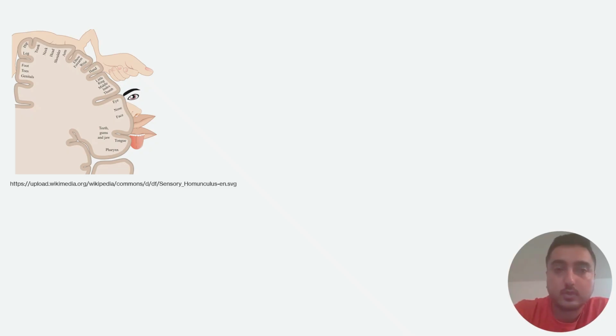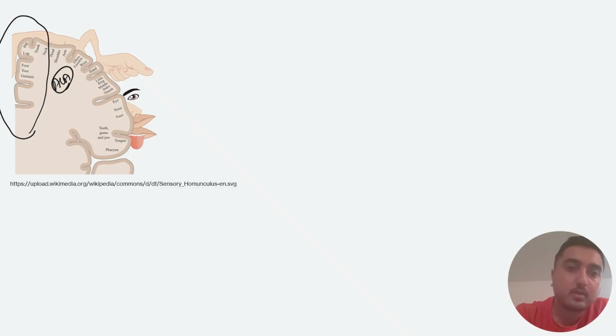So I've just put one photo over here. This part is supplied by the anterior cerebral artery. The fibers from the cerebral cortex from this region would descend downwards through the internal capsule to supply different parts of the body, forming the corticospinal tract.